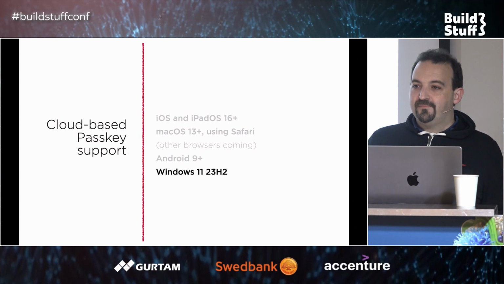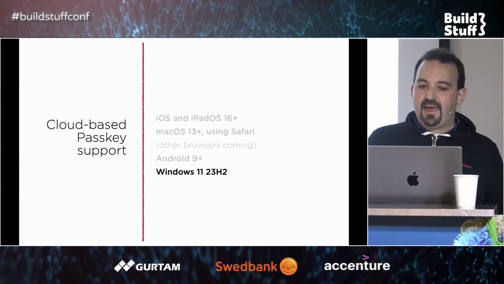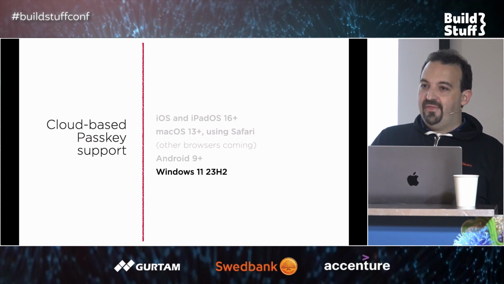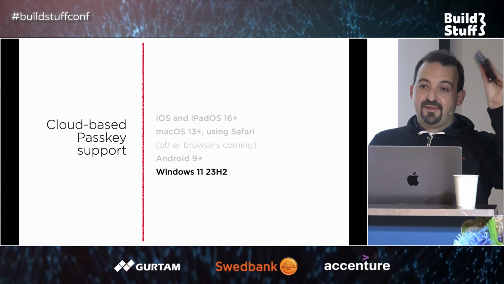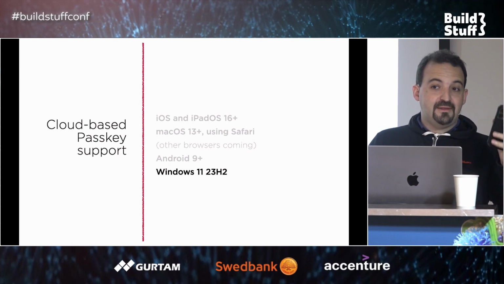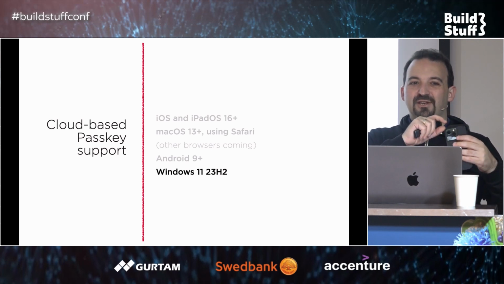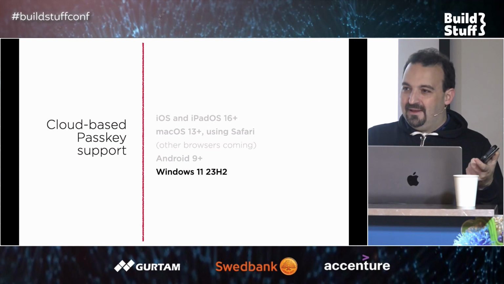So before this, you can use passkeys, but not cloud-based. So what's the point of having cloud-based passkey support? That if I create a passkey on my phone with my face, I can then use that passkey on my Mac with my finger, without actually sharing the passkey manually.